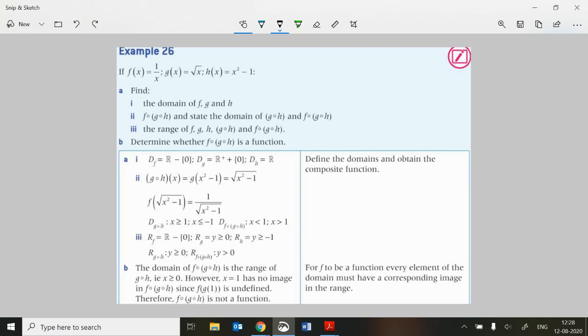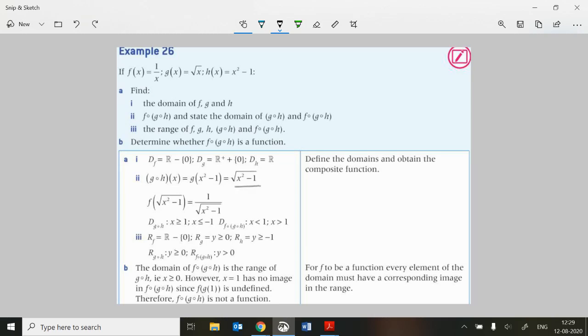The range of this function here, g of h, is what we can get out according to putting in any number we choose. We can get out of this any number which is greater than or equal to 0. Of course, when you square something and take away 1 and then square root it, well, basically when we square root something, we're only going to get out positive answers.